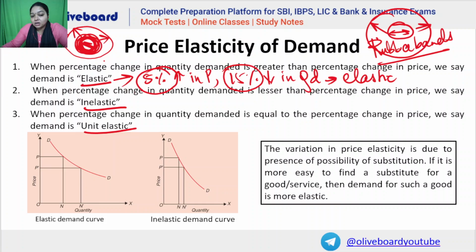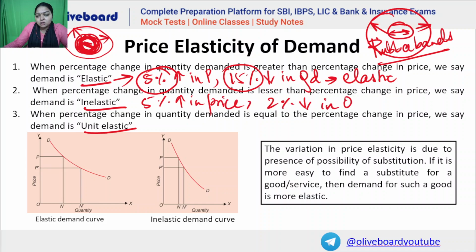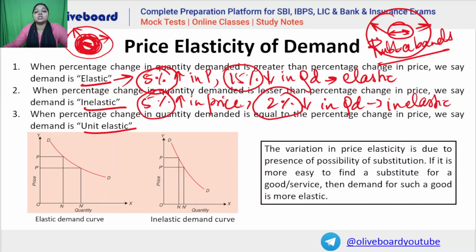The opposite is for inelastic, when the percentage change in quantity demanded is lesser than the percentage change in price. For example, again there is a 5% increase in price, but only a 2% decrease in quantity demanded. Then we say that it is inelastic, because the percentage change in quantity demanded is lesser than the percentage change in price.